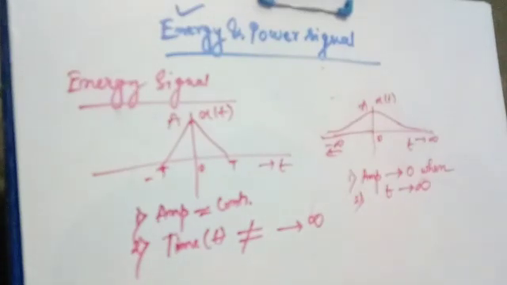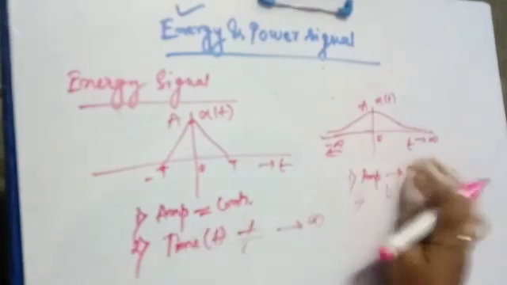All practical signals of such type are examples of energy signals. There are some exceptions, but in almost all cases the non-periodic signals are examples of energy signals. So we conclude that there are three characteristics considered for an energy signal.